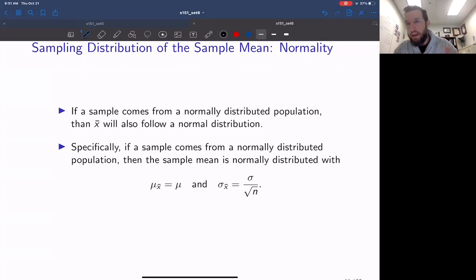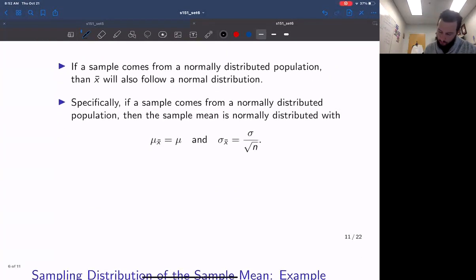However, if you know that the population that you are sampling from is normal, then these equations give you the parameters of a normally distributed sampling distribution. So the idea here is effectively that normality breeds normality.